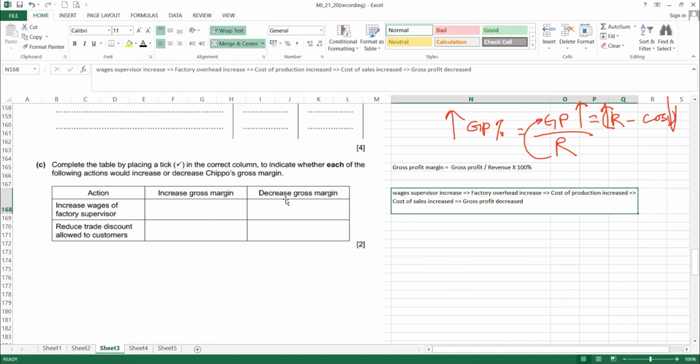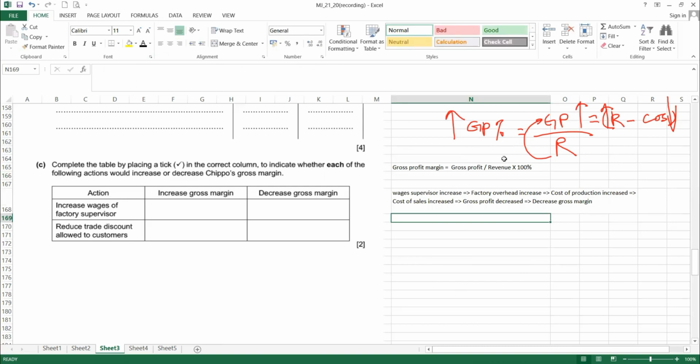So for this one, increase wages of factory supervisor, the answer will be decrease in gross profit margin using the formula indicated here.